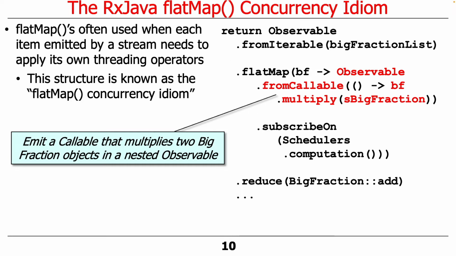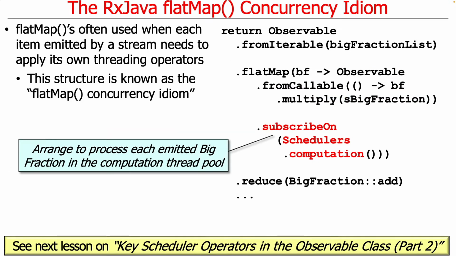The key point there is lazily. And we're going to subscribe that computation to run in the computation thread pool, so we arrange to process each big fraction in the computation thread pool, as you can see here.